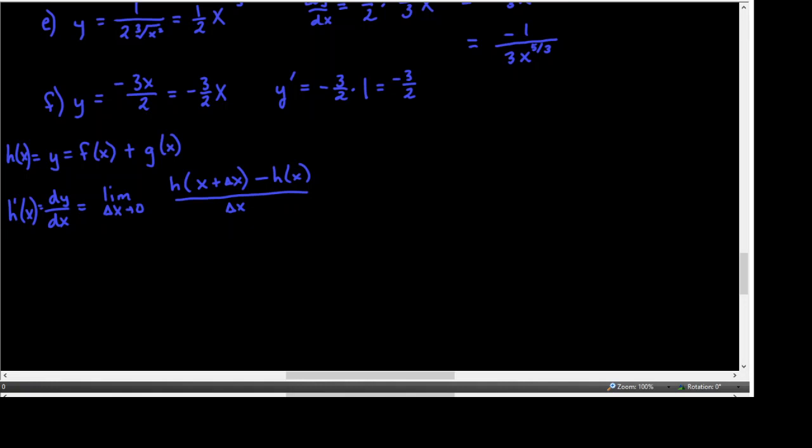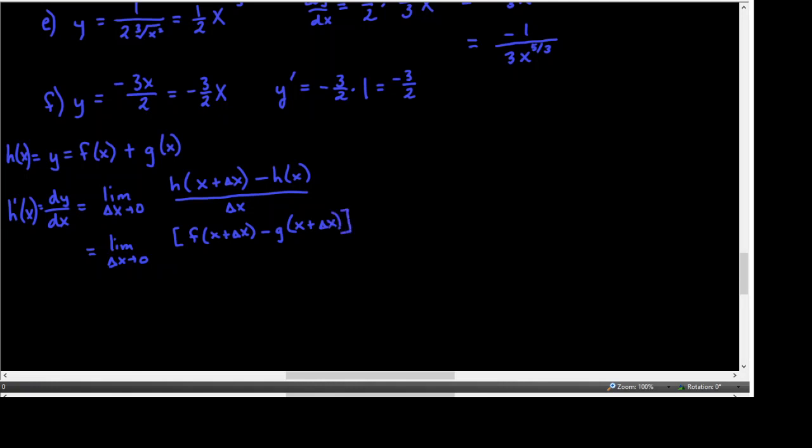Okay, so by substitution into that sum of two things, we're going to put x plus delta x in for each x. So that will be f of x plus delta x minus g of x plus delta x.